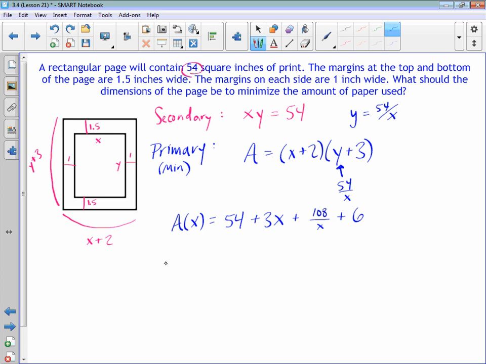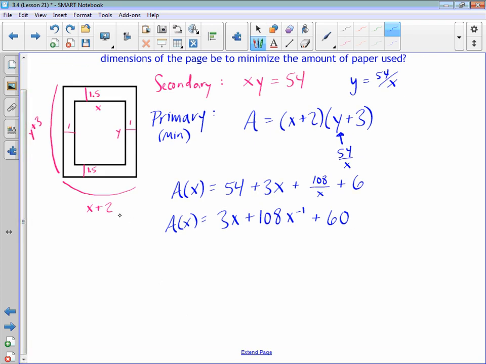And then I'm just going to rewrite it so it's easy to take the derivative. So my 3x I'll write first. How can I rewrite this 108? There we go. And then plus, what in the back? 6. Which is going to be 0, so if you mess that up, no big deal, right?